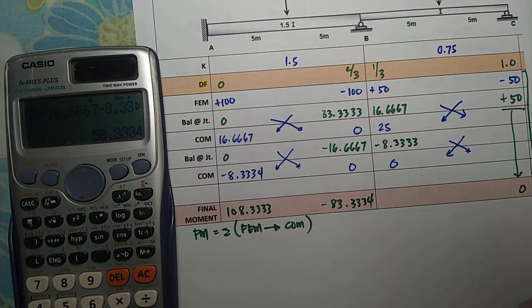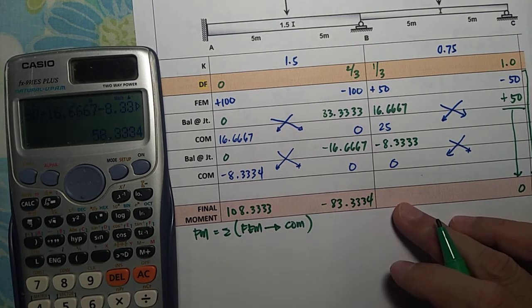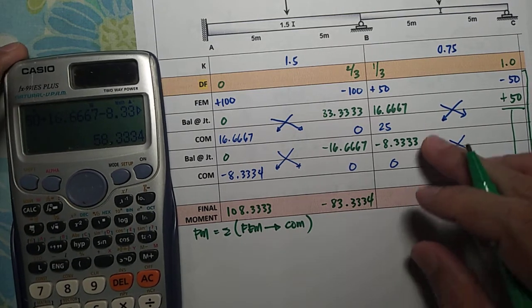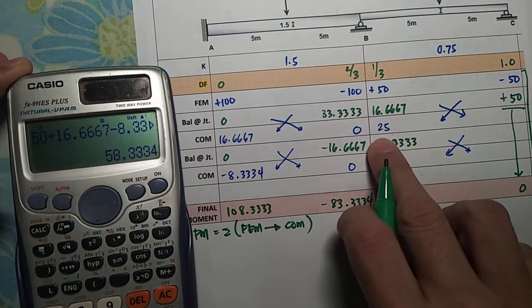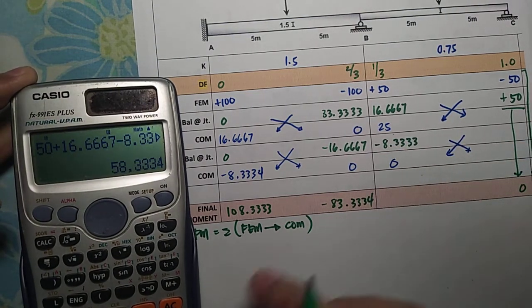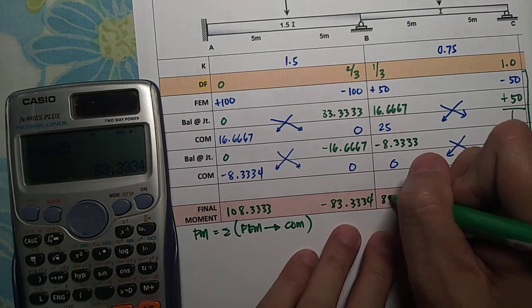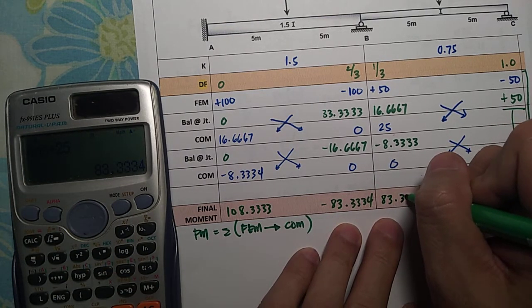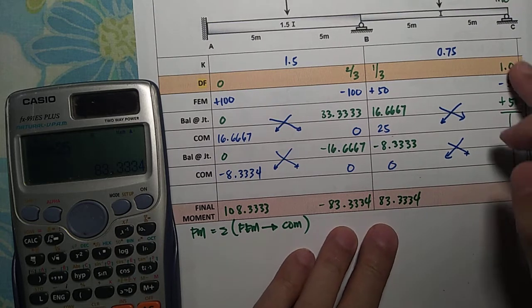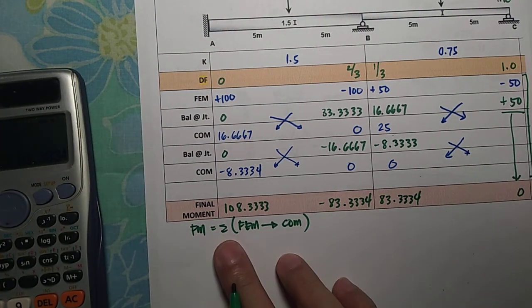Okay, so we got, oops, but 0. We forgot that 25 plus 25. So I got positive 83.3334. Then last, 0. So that's it.